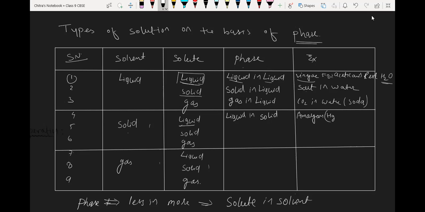If mercury is mixed with any metal, that is called amalgam. So here mercury is in liquid state and other metals are in solid state. Their mixture or alloy is called amalgam. So it is the best example of liquid in solid. Is it mercury, sir? Yes, Hg is mercury. Okay, next, solid in solid.